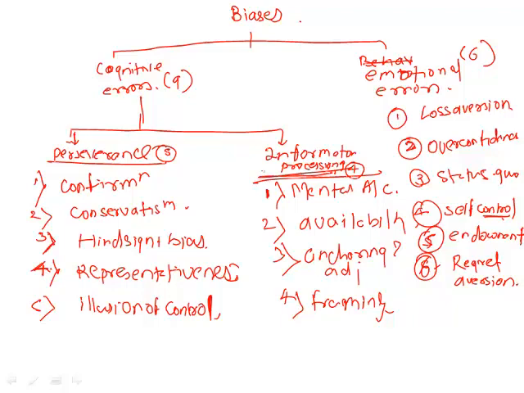Once you remember these 15 biases, you need to learn, number one, to identify which bias is being exhibited. Number two, what is the impact of these biases?